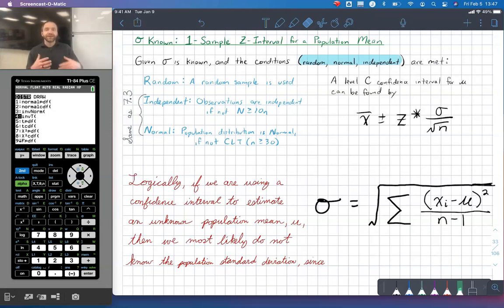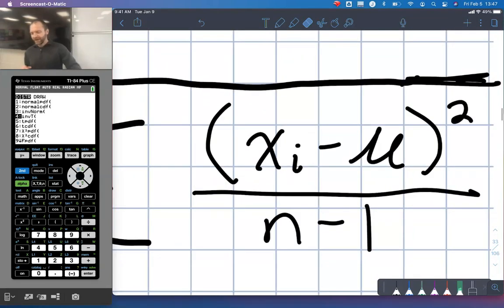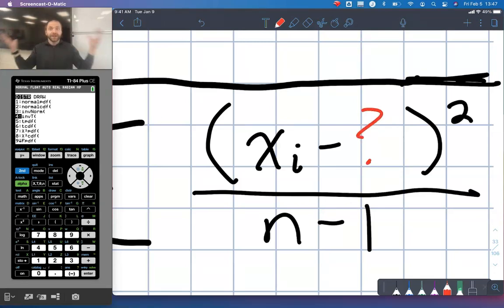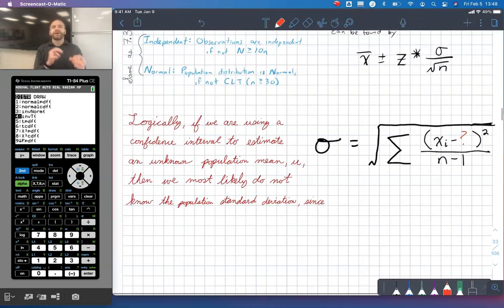Standard deviation is the distance of your data from the mean, squared, divided by n minus 1. Well, if I don't know mu, if this is completely unknown to me, then how can I find my population standard deviation?